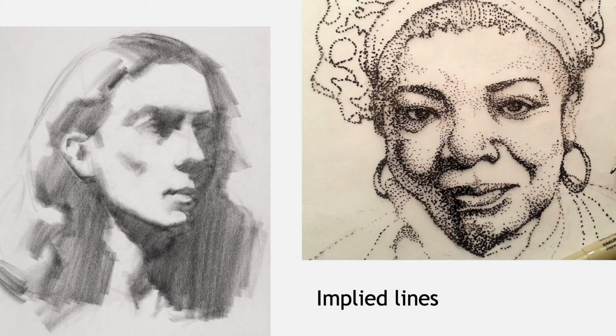So if we look at the hairline again, you can see that there is no clear definition as to where it starts. So the value and the blurry effect is used to imply that there is a line there.